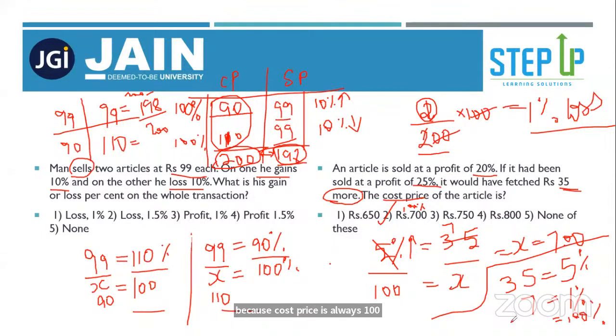If 1 percentage is 7, what is 100%? That's all. You're done. Did you get it? That's all. Fine. Shall we go on with the next one?